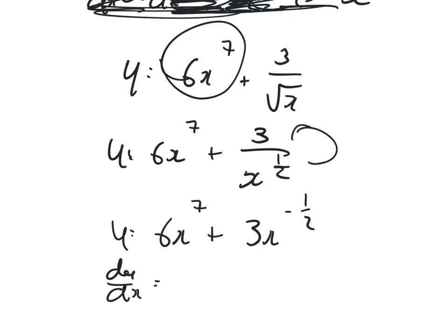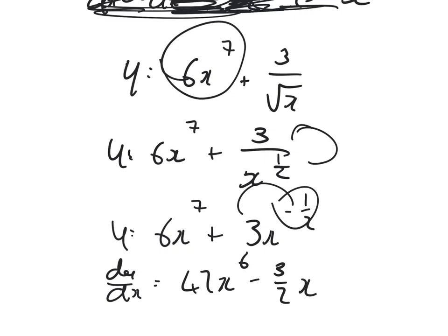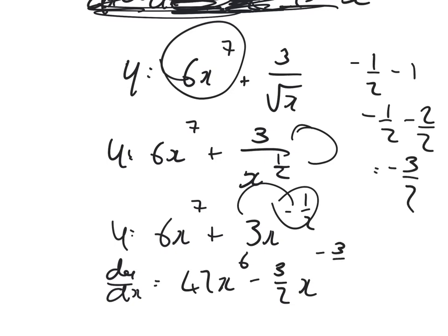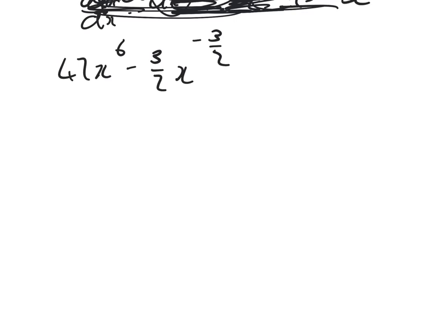And that will be 42x to the 6. And we've got minus 1/2 times 3, so that's minus 3 over 2 x to the minus 1/2 take away 1, it's minus 1/2 take away 2 halves, which is minus 3 halves.